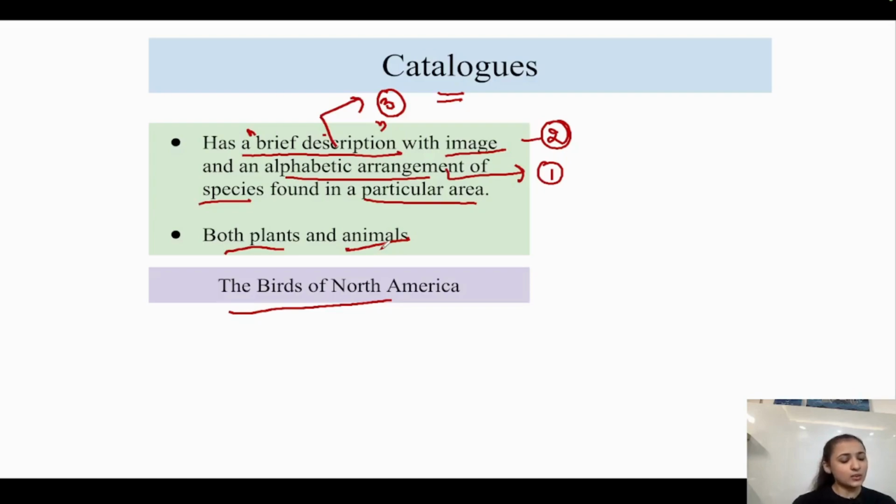So you will first scan through the catalog: is this plant present in this botanical garden? If the plant is present, then you will go further and research about that plant, see that plant, read more about that plant, and observe its features. If it is not present in that botanical garden, why would you go and search among so many plants to spot your plant? So catalogs are an easy way to find out information very quickly.